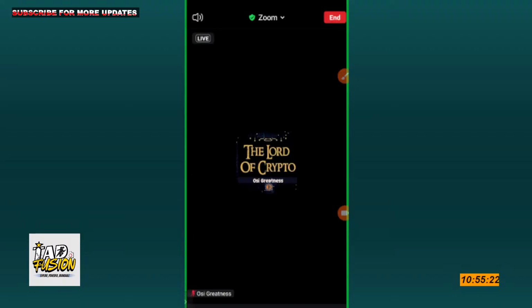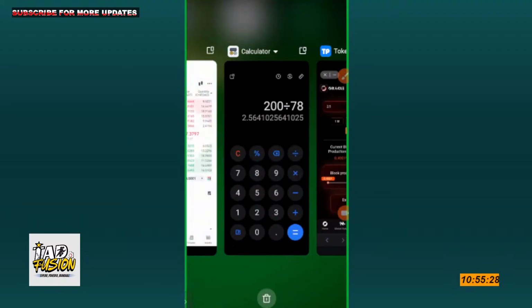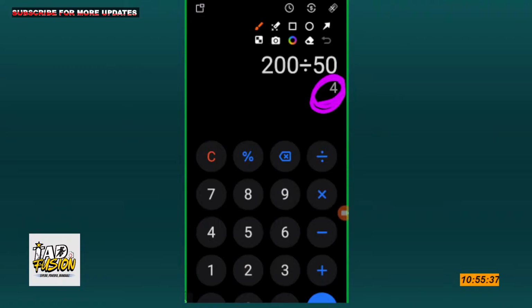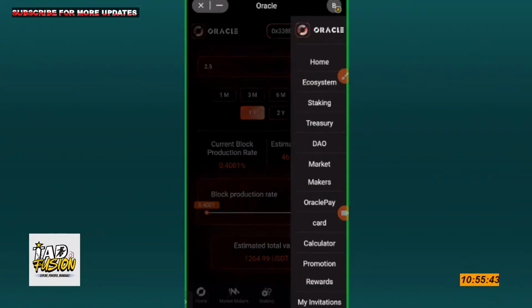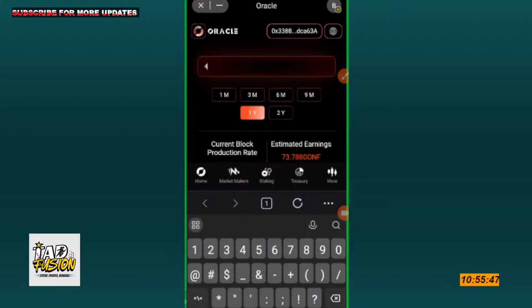Even if you bought the coin at $50, let's count. $200 divided by 50 means you got 4 coins of ONF. Bring them in the calculator here and put 4 coins.